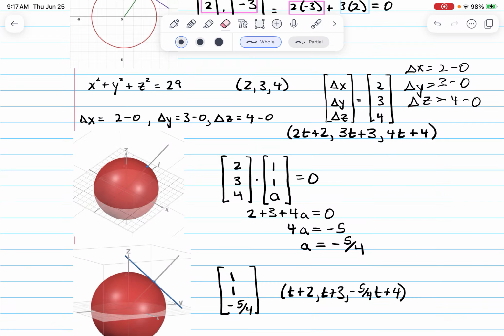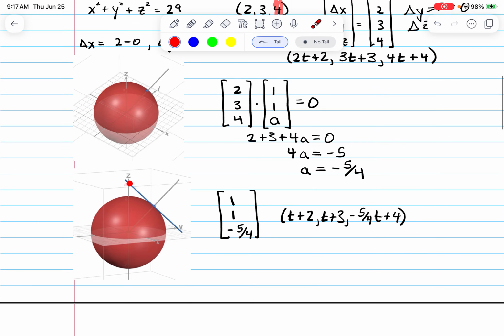We have the top number, which is going to be with the x, see? 1t plus 2. 1t plus 3. See? And then negative 5/4 t plus 4. And that will give us this right here. That right there. And that's a tangent to that sphere. Now, at that point, 2, 3, 4.